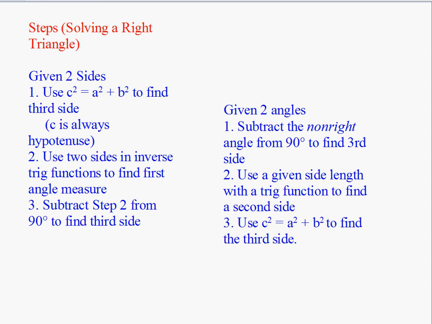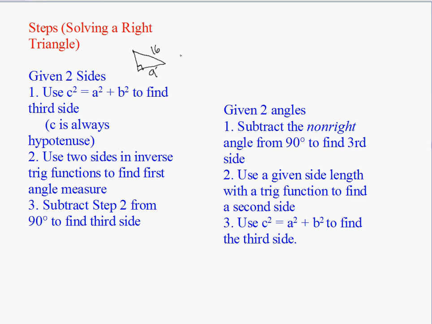Now, before we do the examples, write these steps down. There are two types of problems when we're talking about solving right triangles. You can either be given two sides of a triangle. So let's say, for example, here's my right triangle, and I'm given like 16 and 9.